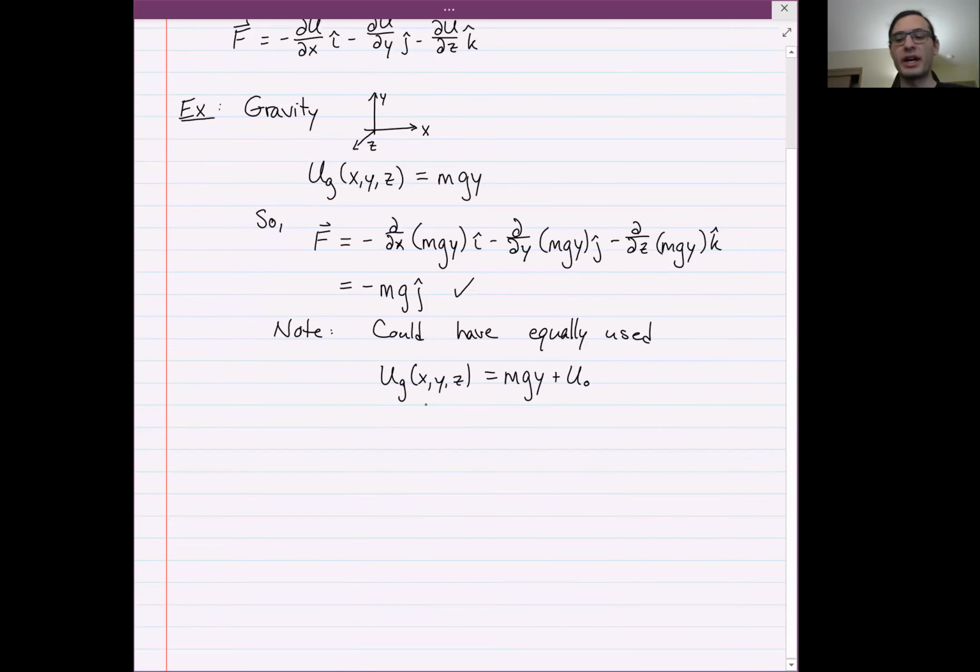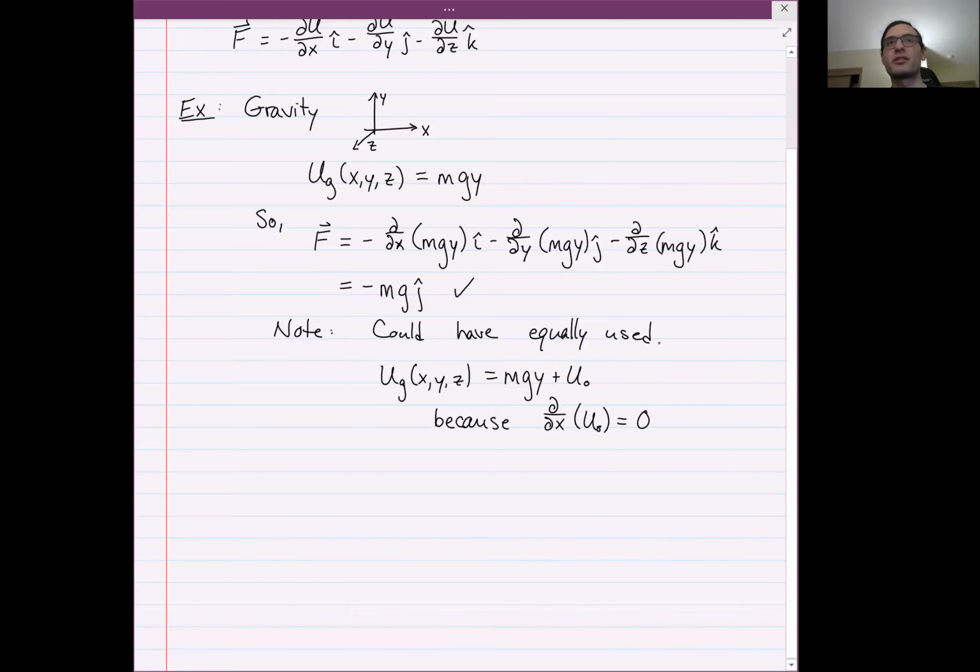The reason we can do that is that the partial derivative of u naught with respect to x is 0, as is the partial with respect to y and with respect to z. The partial derivative of a constant is always 0. So the force we get out at the end of the day doesn't care if you add a constant to your potential energy function.